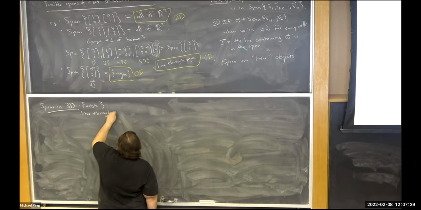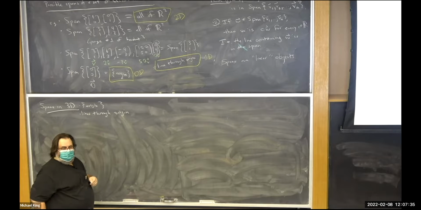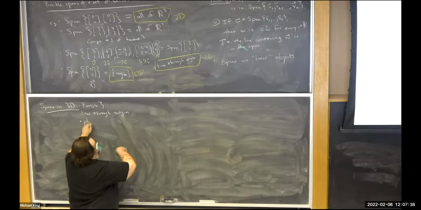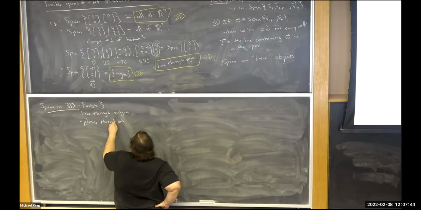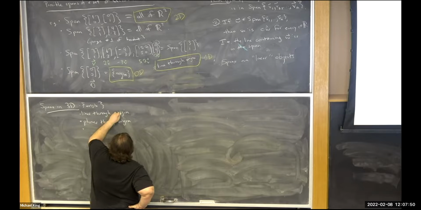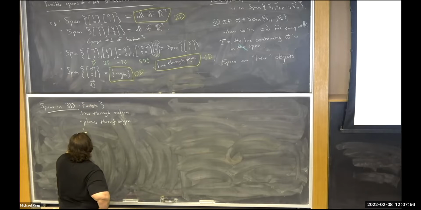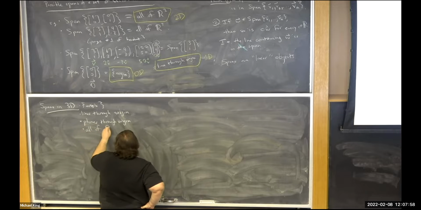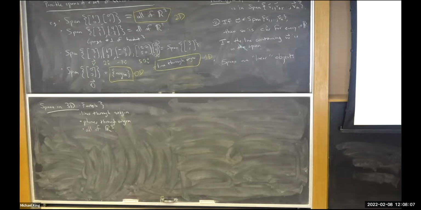If you just took the span of one 3D vector, it would be just a line containing that vector. Planes through the origin, like that example that we started class with. And all of R3. Okay, so those are the possible subspaces. They're always these linear objects through the origin. That's what I mean by linear: lines or planes, linear meaning nothing curvy.